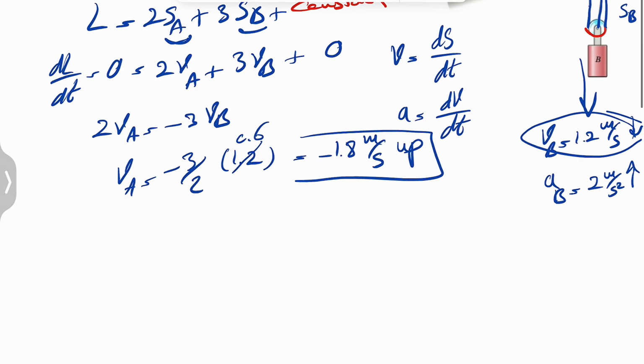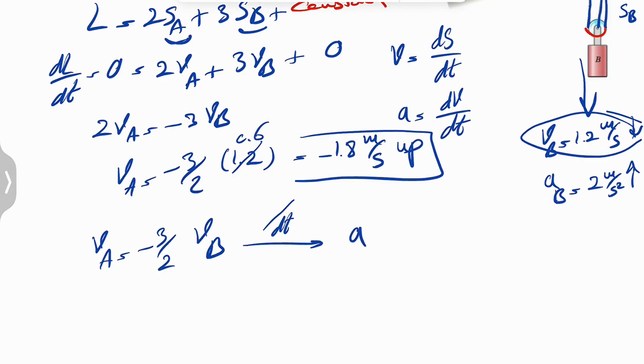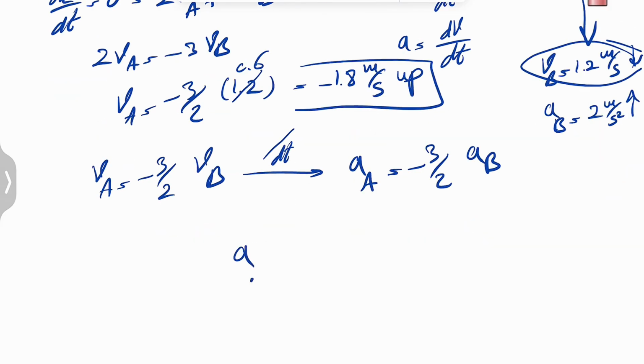For the second equation, we can use what we found here: VA is negative 3 half of VB, and we're going to do our differentiation with respect to time. That gives us the acceleration of A equal to negative 3 half of the acceleration of B. So the acceleration of A is going to be negative 3 half of 2, which is negative 3.